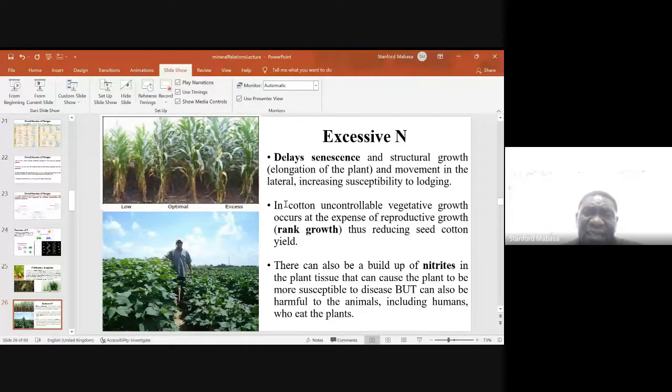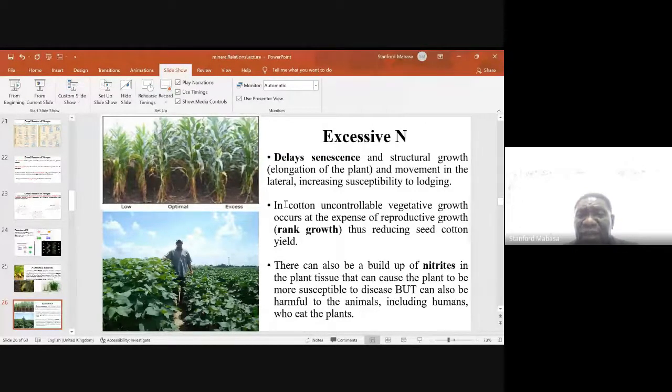It can delay senescence. So we may have the green color being maintained for a long time, especially in maize. In cotton, this may not be acceptable. Even in maize, it can cause lodging. In cotton, it can cause rank growth.